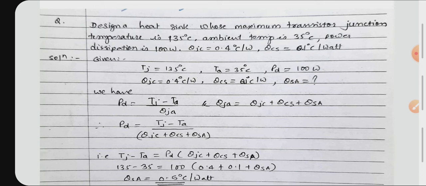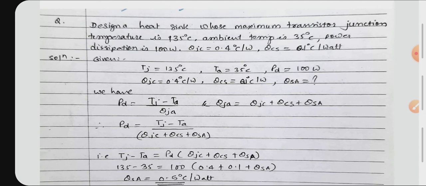Okay, so the problem is like this: design a heat sink whose maximum transient junction temperature is 135 degrees Celsius. Junction temperature is given, then ambient temperature is 35 degrees Celsius, power dissipation is 100 watt, and theta Jc is equal to 0.4 degrees Celsius per watt, theta Cs is equal to 0.1 degree Celsius per watt.